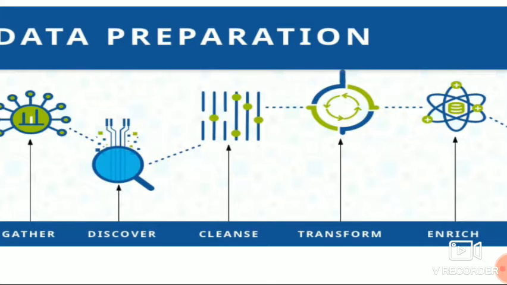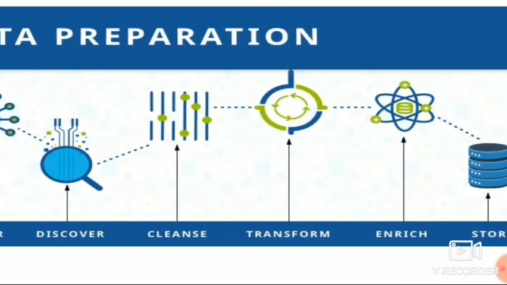After discovering the information you got from the respondents, that information is put into the cleaning stage. In the cleaning stage, we do editing work. We discard unnecessary information. After cleaning, data will be transferred into the coding section, or into tabulation or table form. That is the transformation stage.